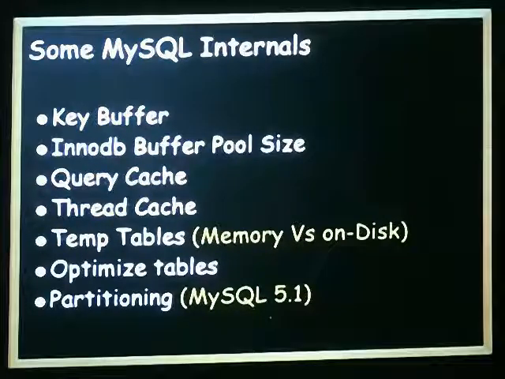Usually the rule for InnoDB is about 75% of the server memory, so just give it lots. If it's only a database server, ignore Apache and just give it as much as possible.